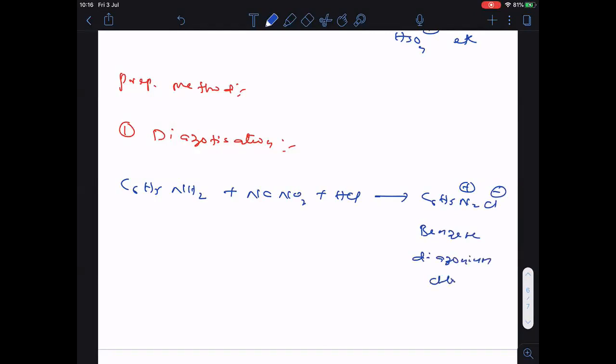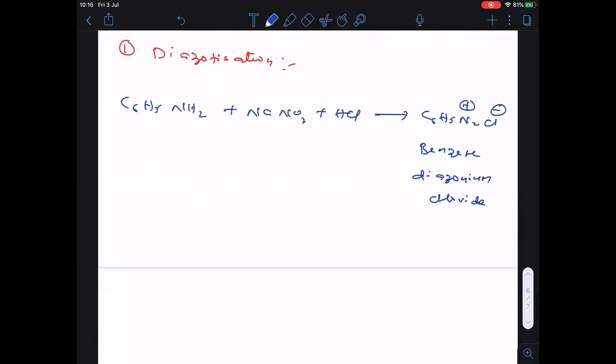What are the byproducts formed here? Byproducts are NaCl, sodium chloride, plus 2H2O. Clear?